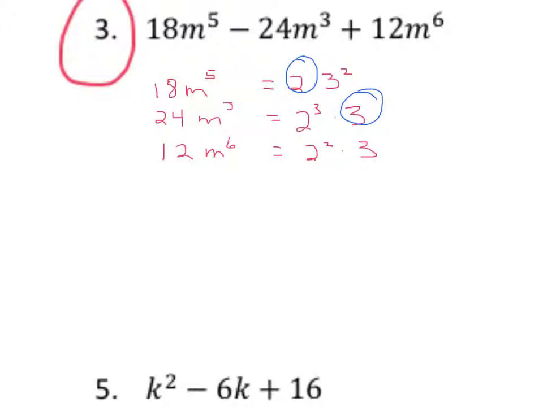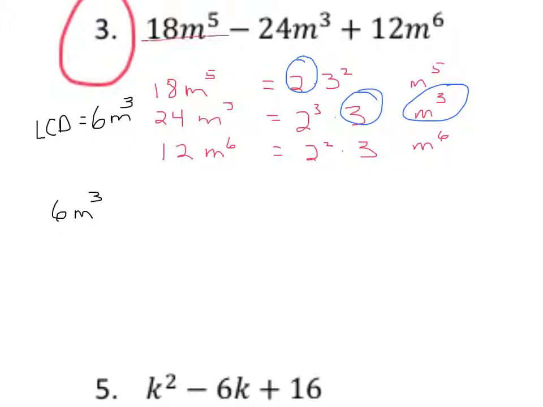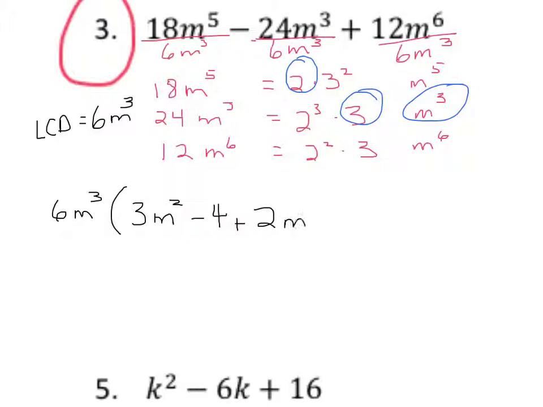And then you look at your m's. You have m to the 5th, m to the 3rd, and m to the 6th. So you circle your smallest exponent, and now you know that your greatest common factor equals 6m to the 3rd. So we write that here, and then we divide everything by 6m to the 3rd. And that leaves us with 3m squared minus 4 plus 2m to the 3rd.